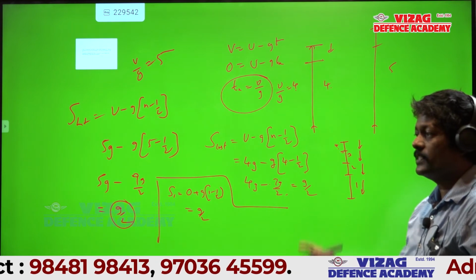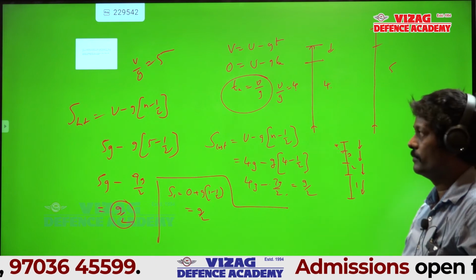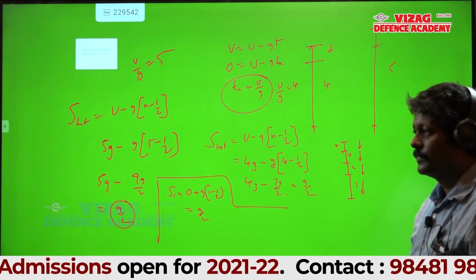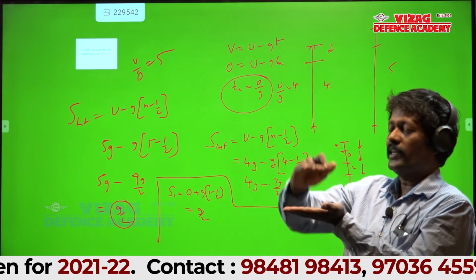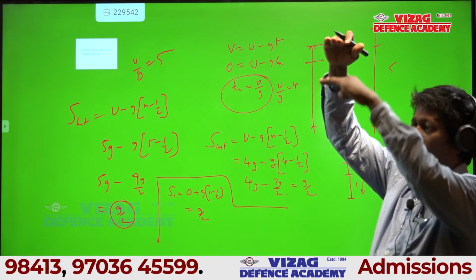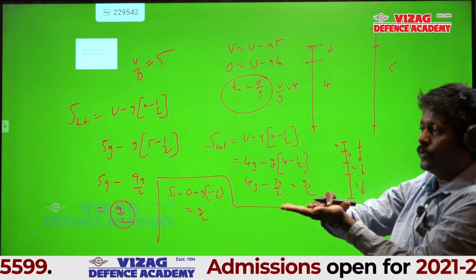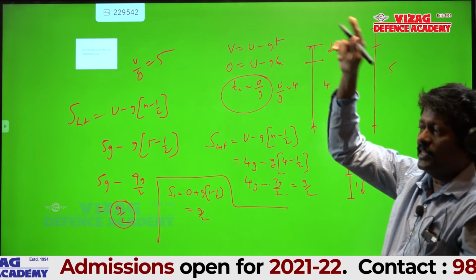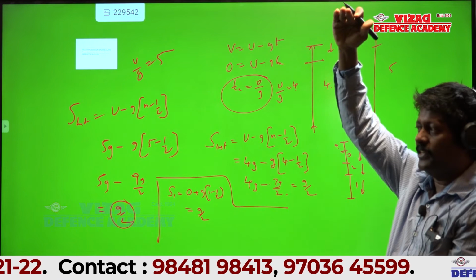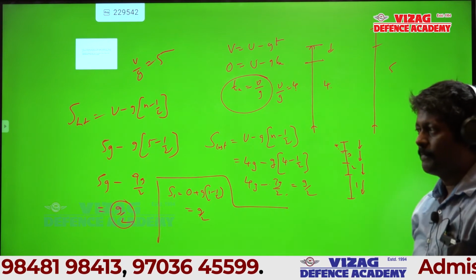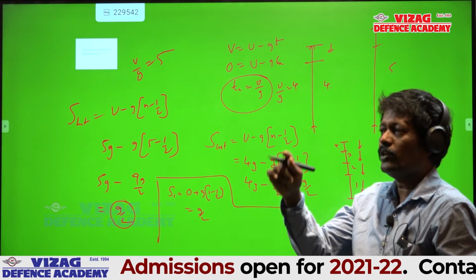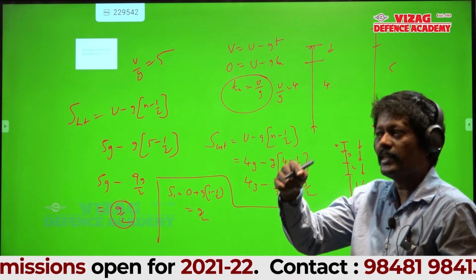Here the total time of ascent I gave in the question is 4. If the total time of ascent is 5, the last second is D. If the total time of ascent is 10, D. It will not change. The idea you should get is that the last second of ascent is nothing but the first second of fall, g by 2.